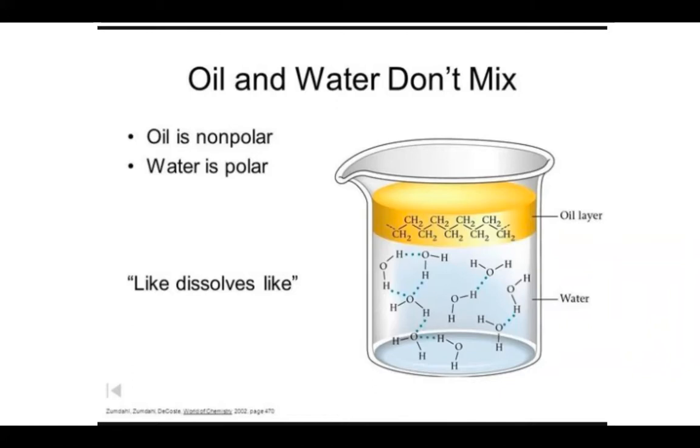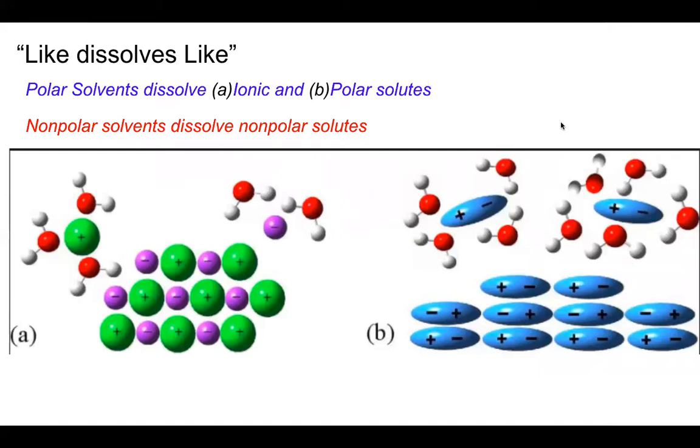And what that's really saying is that polar solvents will dissolve other polar molecules, polar solutes, or they will also dissolve ionic compounds. The reason for that being the electrical charges can interact. Water, for instance, is a polar solvent.